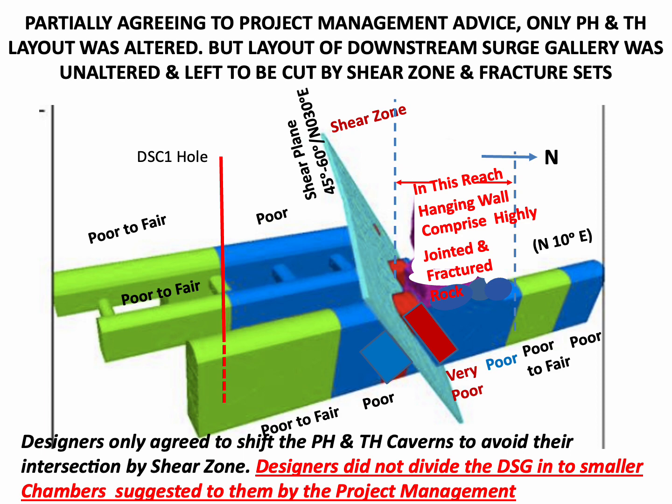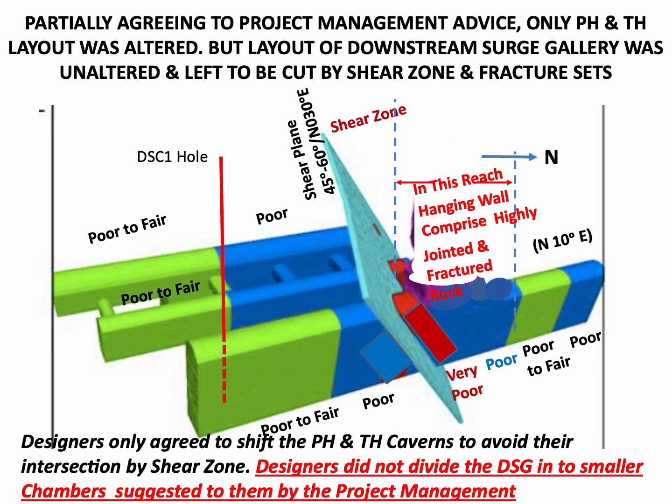The major shear zone was therefore met in the central gullet in the downstream surge gallery at RD 124 meter, while the excavation in the powerhouse and transformer hall had not yet progressed to those reaches where the shear zone would have been encountered, respectively.